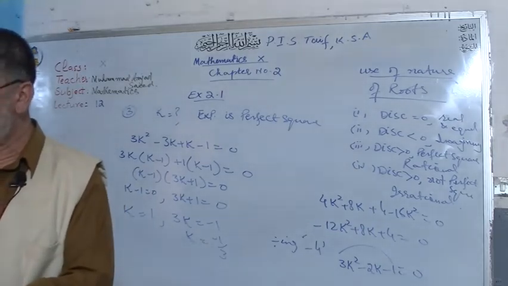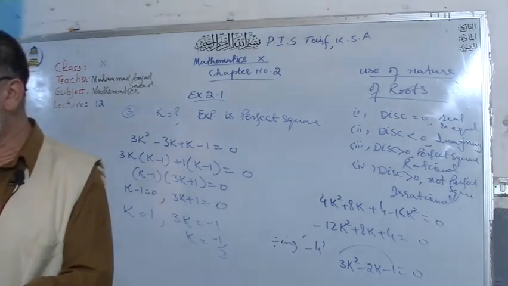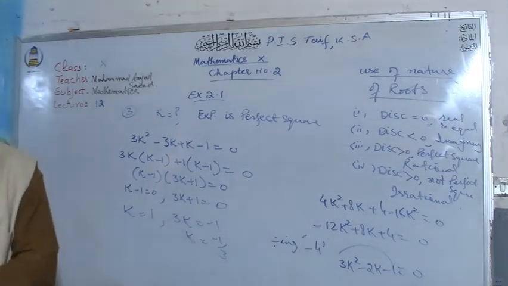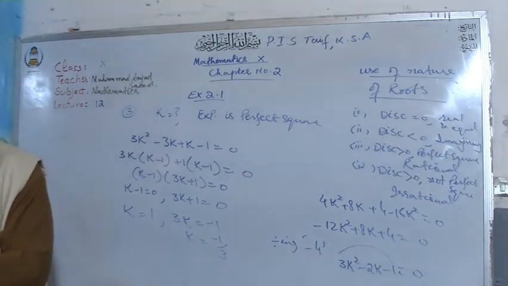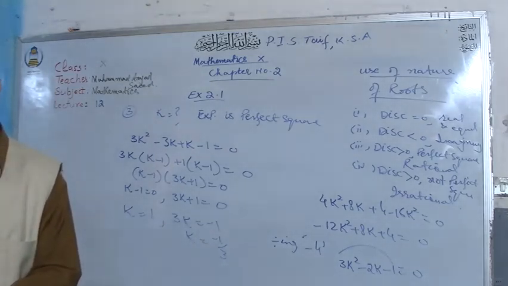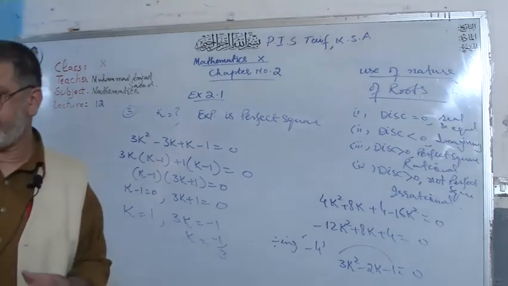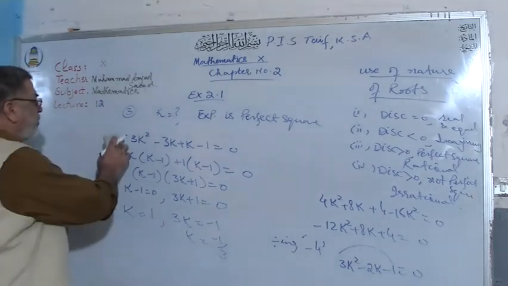After that, find the value of k if the roots of the equation are equal. Question number 4. We have question number 4, part number 1, 2 and even part number 3, so we can take it in 2 parts.